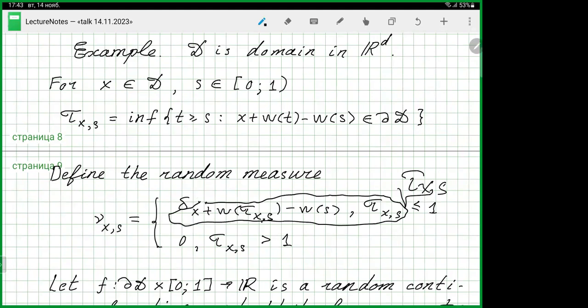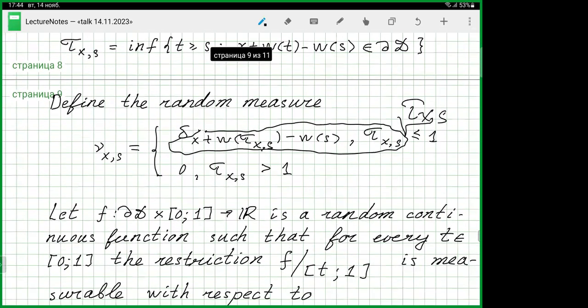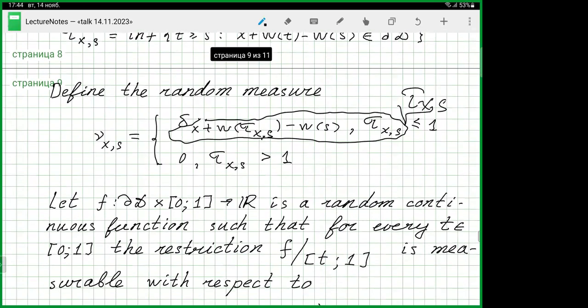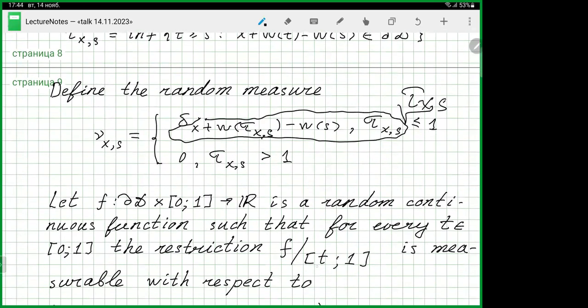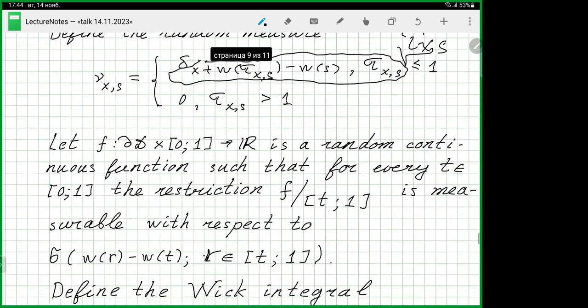So now let us consider such a random measure, and one can consider the random continuous function such that its restriction on the interval T1 is measurable with respect to increments of the Wiener process on this interval T1.